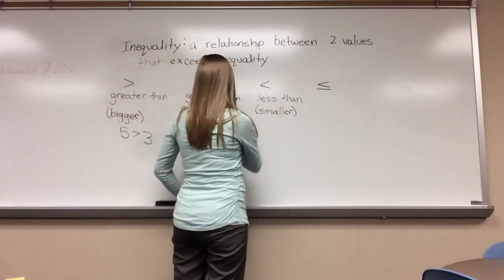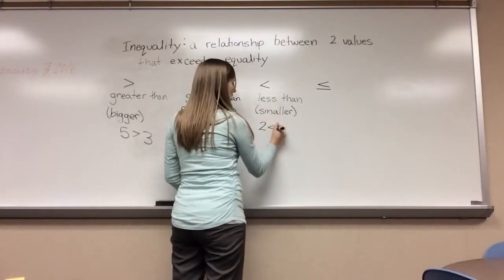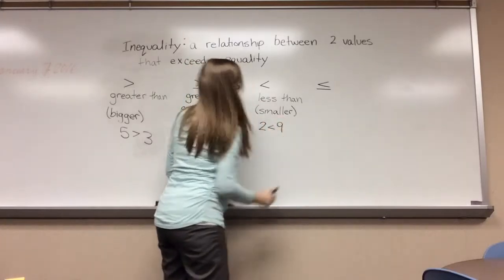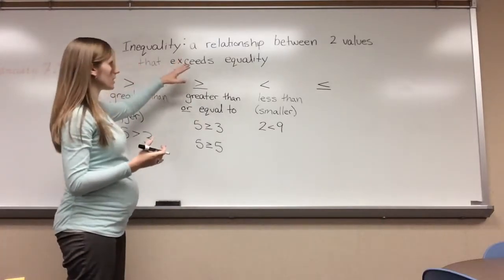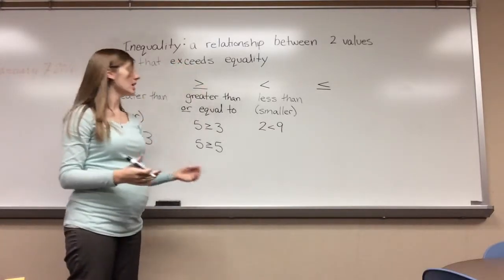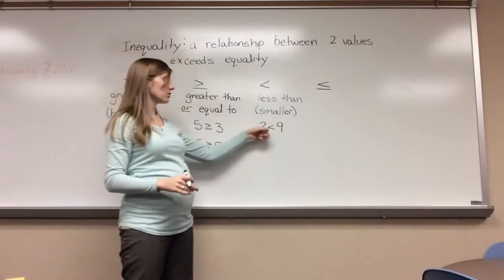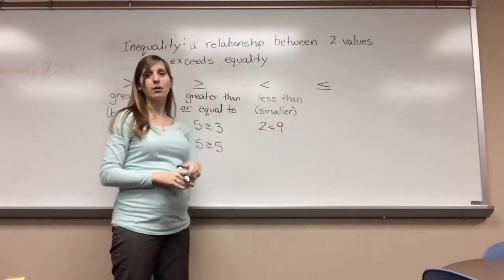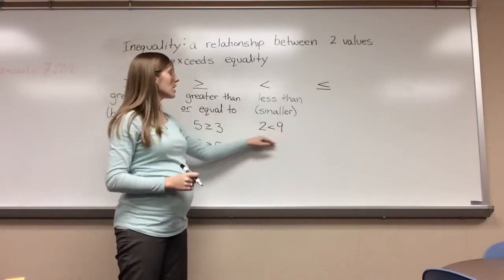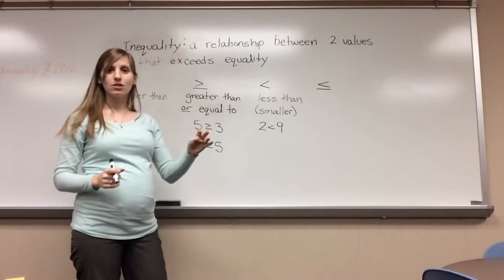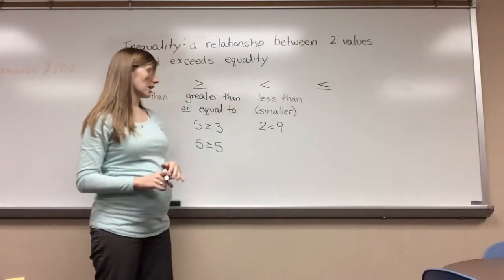To use different numbers, we could say that 2 is smaller than 9, and that's a true statement. Again, it's another way of showing a relationship when equality doesn't work. I couldn't say 2 equals 9 because it doesn't. But I can say 2 is less than 9 and use that symbol instead of writing it out as a sentence. So inequalities help us show relationships that are not equal.